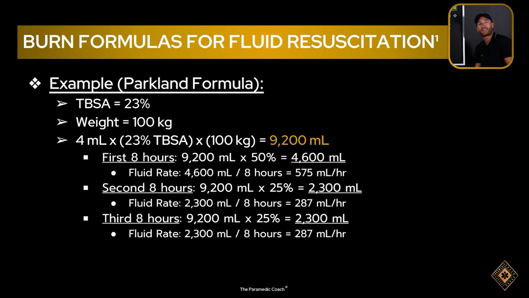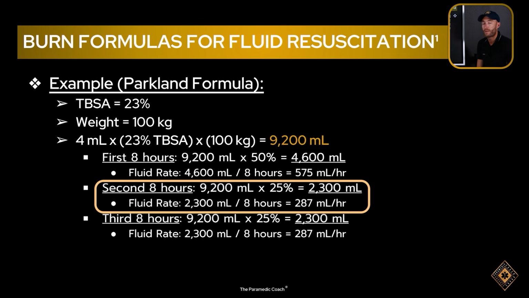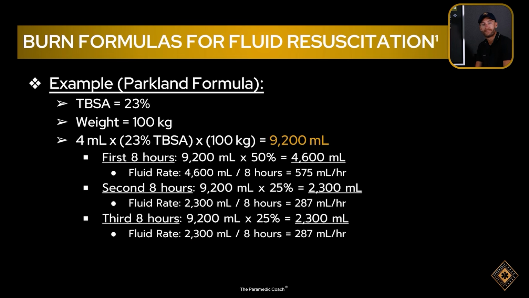So now I got to break this up into what? 50% in the first 8, another 25% in the second 8, and 25% in the third. So all I got to do is take my 9,200 mLs and chop 50%. That's the first 8, then the second 8 you get another 25% chunk, the third 8 another 25% chunk. Done. How cool is that?